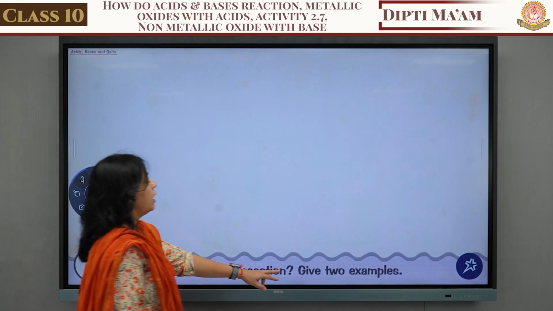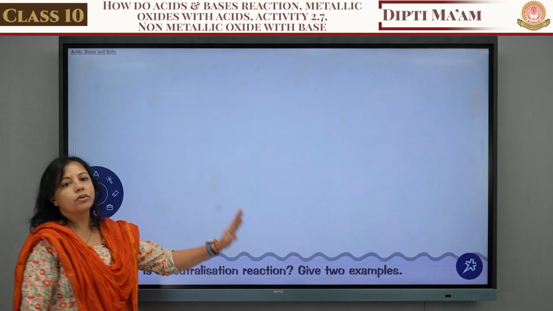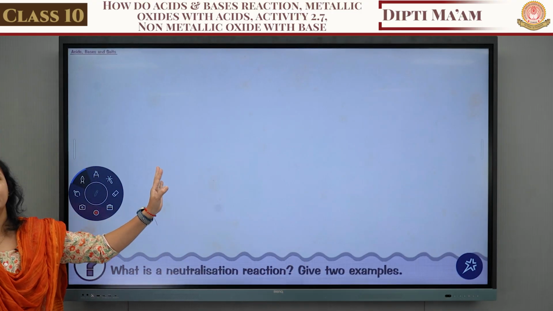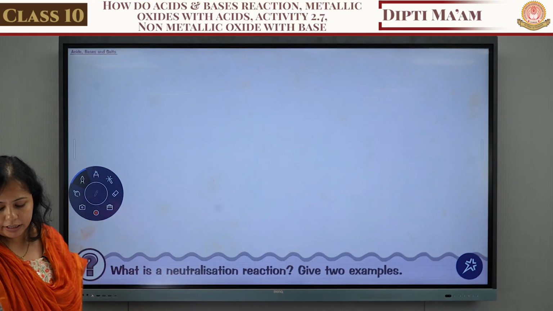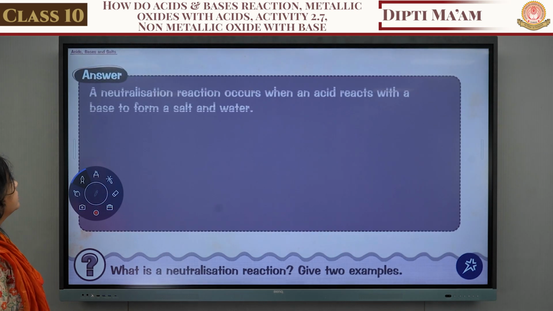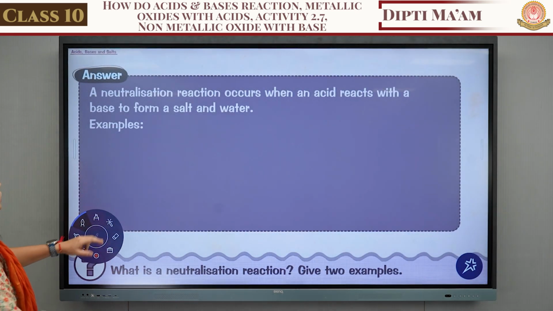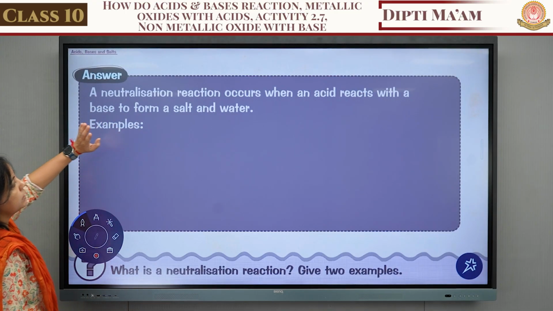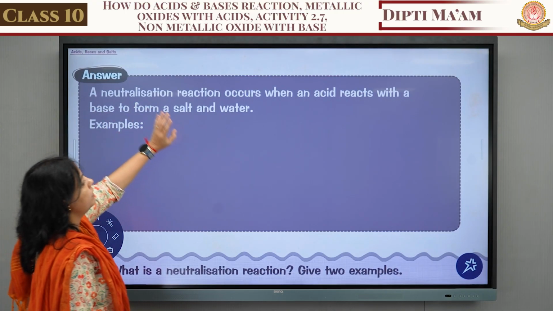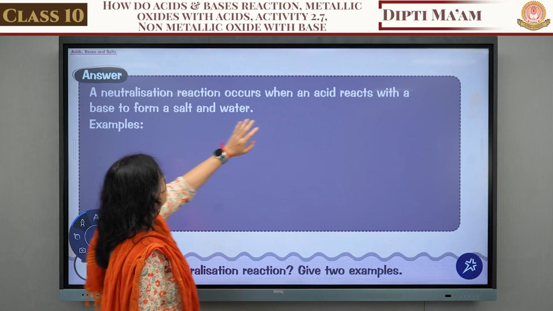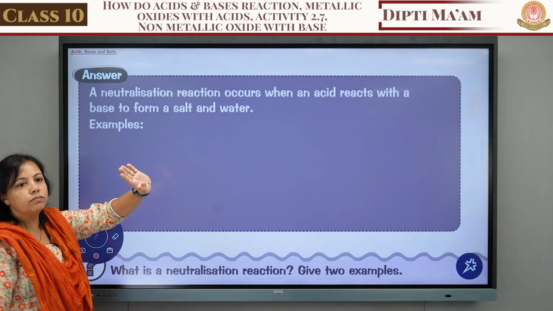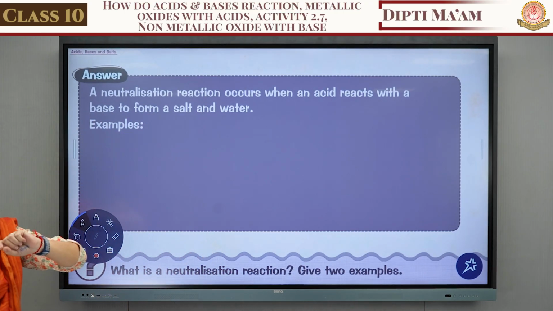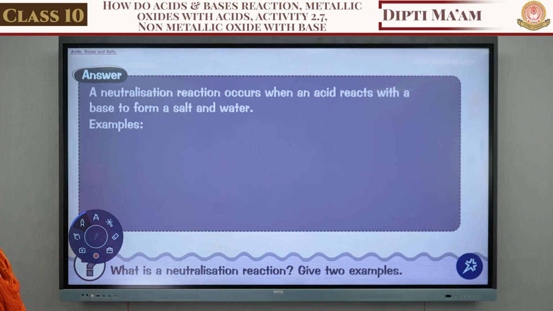Here they are asking for any 2 examples. So any acid you can react with any base, then it will form salt and water. The first point you write down is the definition of the neutralization reaction. The simple definition: when an acid reacts with a base to form salt and water, it is known as the neutralization reaction. And what about the examples?